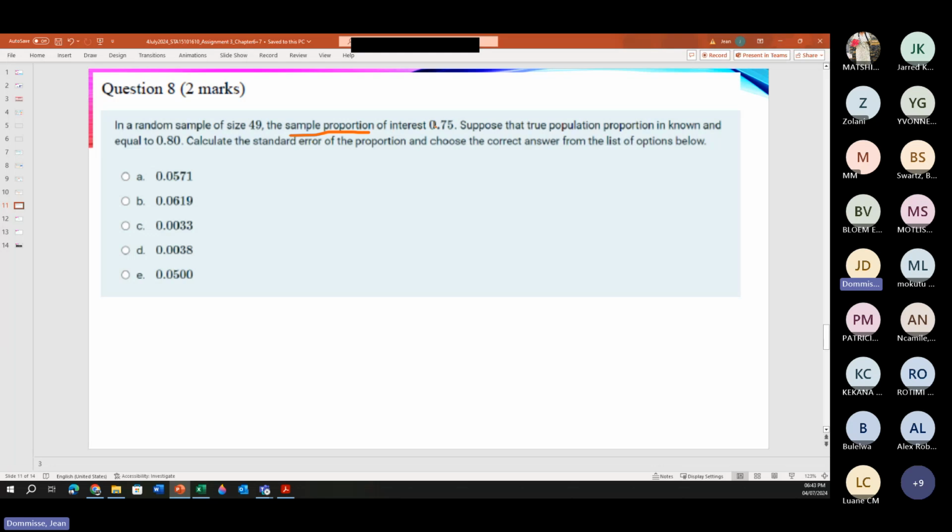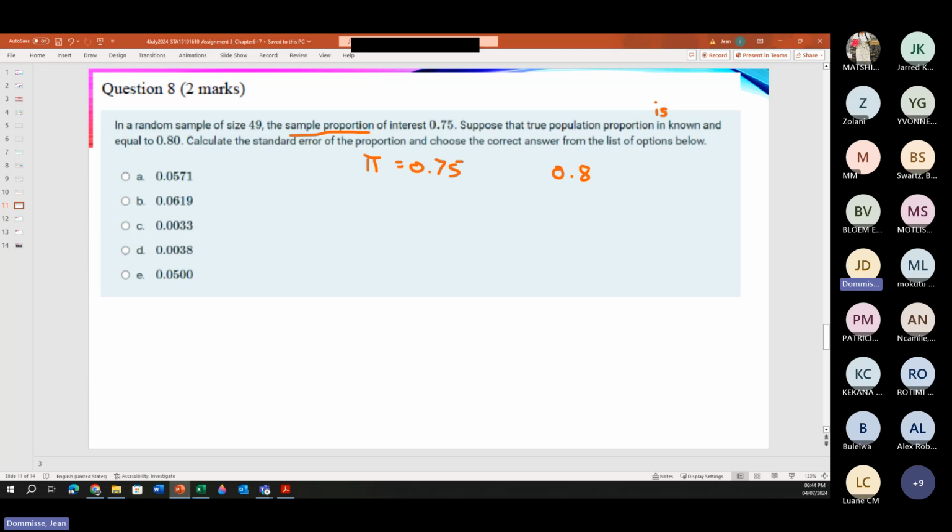Of interest is 0.7, the sample proportion. Suppose that the true population proportion is known and equal to 0.8. Calculate the standard error of a proportion and choose the correct answer from the list of options below.